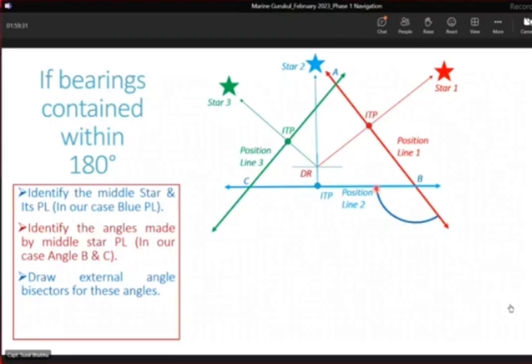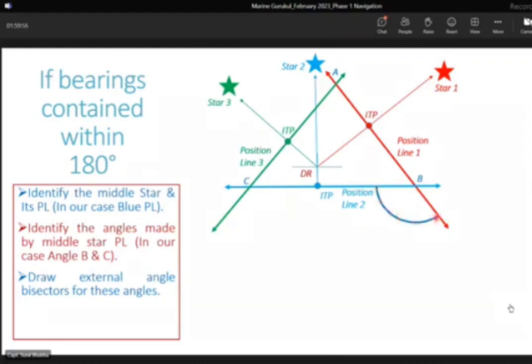Now in the case where the bearing stretch was greater than 180 degrees, we drew the internal angle bisector. This was the internal angle, and we had drawn the angle bisector of the internal angle which lies inside the triangle. But now in this case, we are going to draw the angle bisector of the external angle.